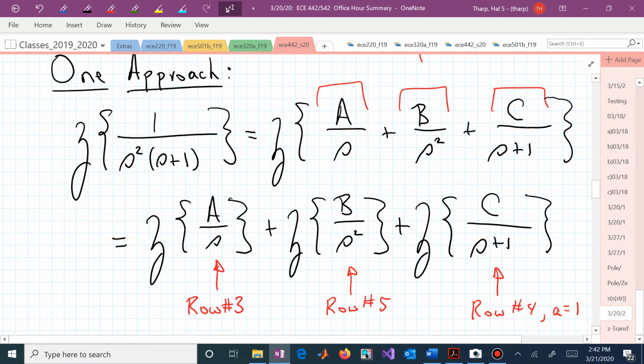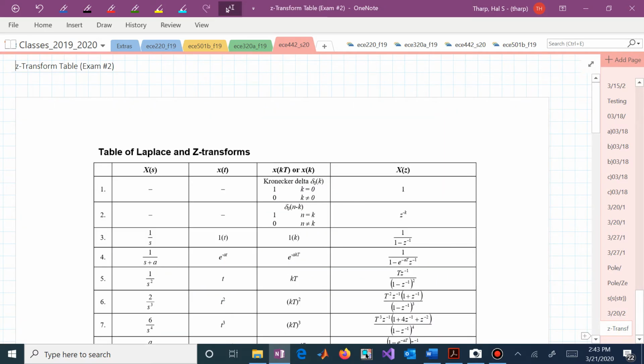But in this case, if we now have A over s, B over s squared, and C over s plus 1, you can go to this z transform table and say, oh, the first one would now be scaled by A, whatever that A ends up being. A times 1 over s, oh, that just means that I can now have an A times 1 over 1 minus z to the minus 1.